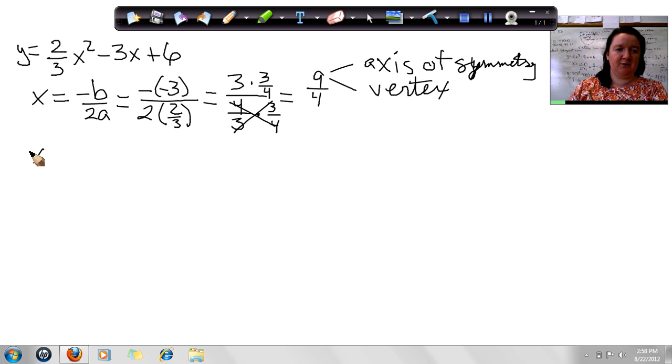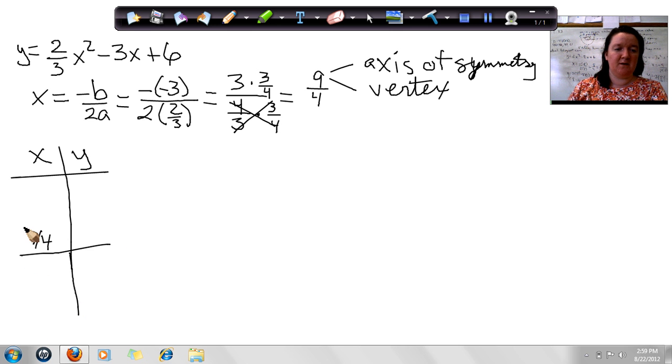So let's make our table, x and y. We know that our center point is going to be 9 over 4. Now we need to go 1 up and 1 down from that value. So if I add 1 to 9 over 4, that's going to give me 13 over 4.